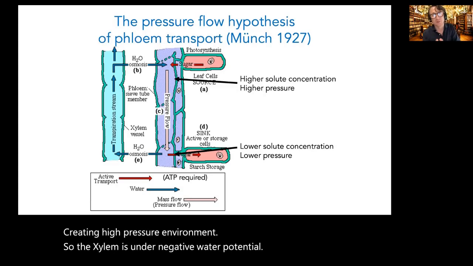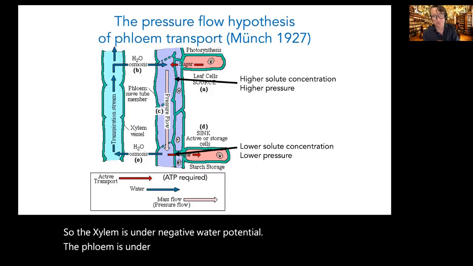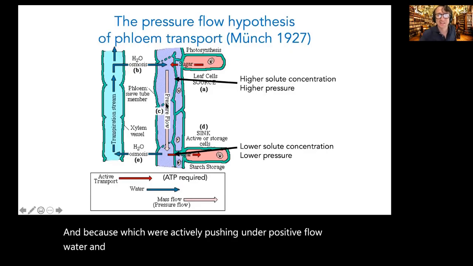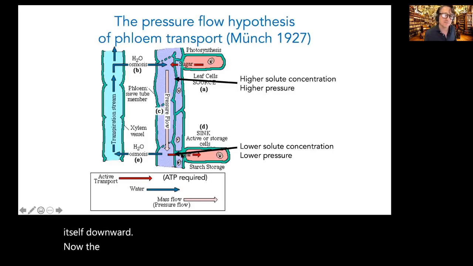The phloem is under a positive pressure potential. And because of which, we're actively pushing, under positive flow, water and everything else that's within the phloem itself downward.